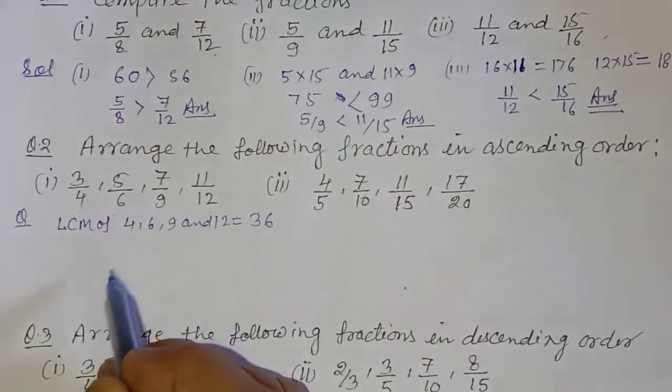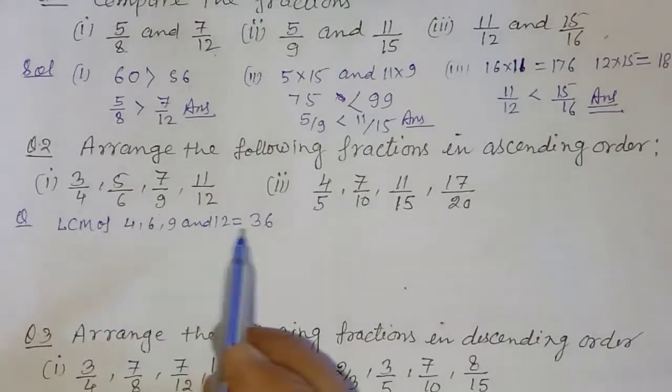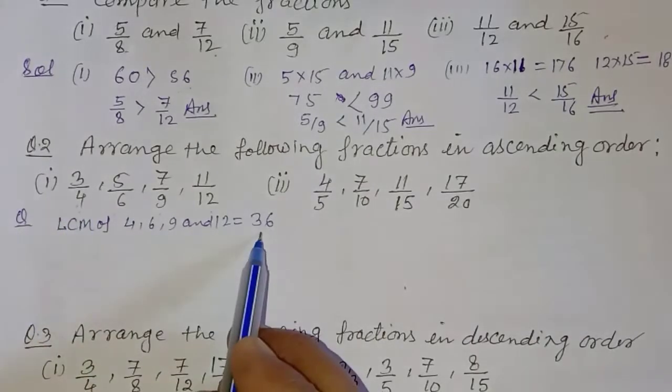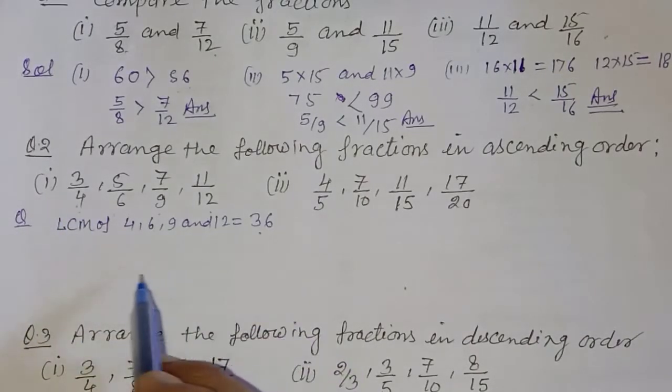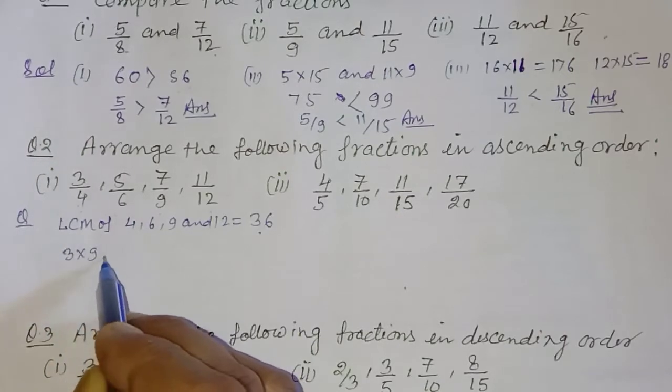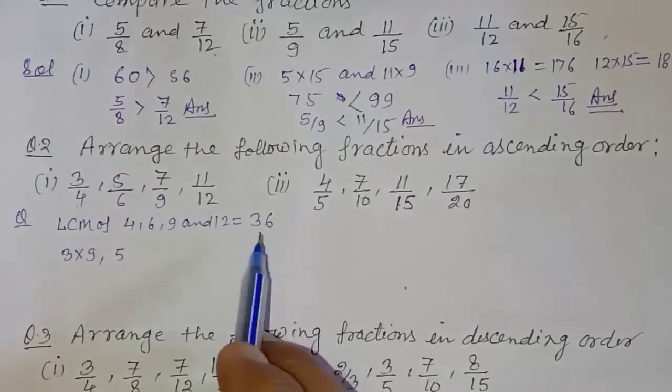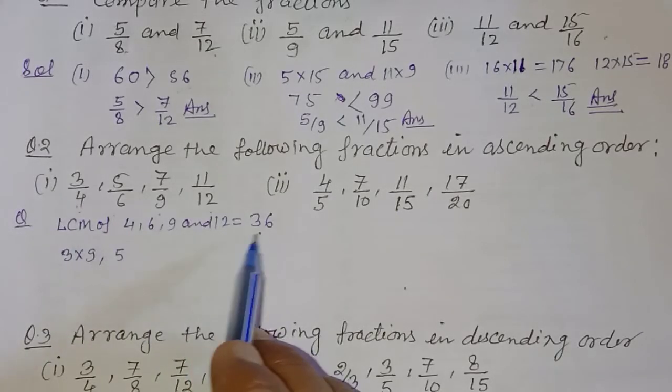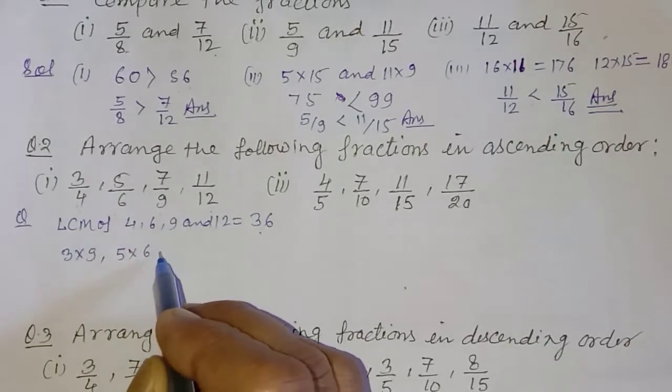So students, 36 divided by 4, you will find 9. So here 3 into 9. Similarly, 36 divided by 6, you will find 6. So 5 multiplied by 6.